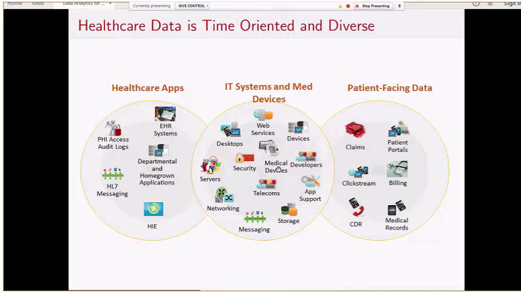One of the most important characteristics of healthcare data is that it is time oriented and diverse. It comes from different sources, for example, from medical records, insurance claims, patient portals, billing, the IT systems and medical devices used by healthcare providers and patients, and from healthcare applications as well.